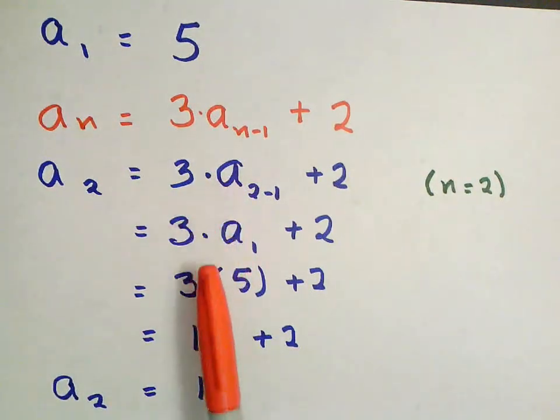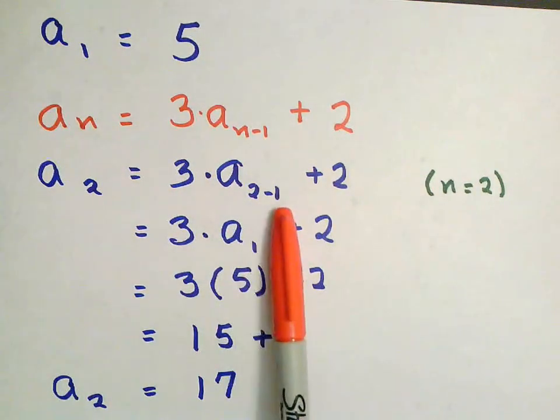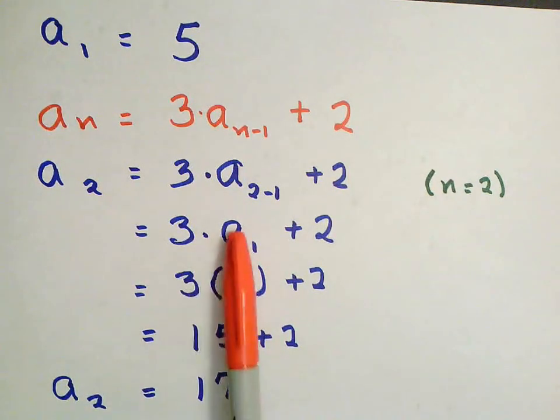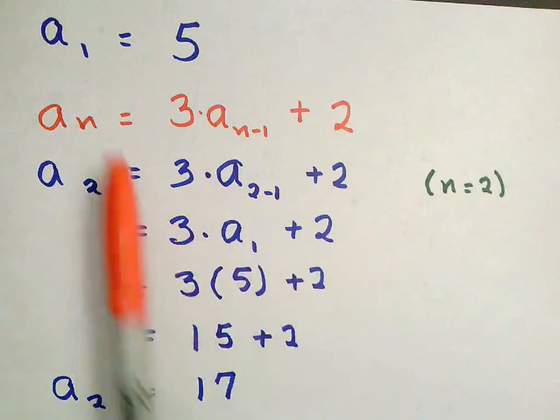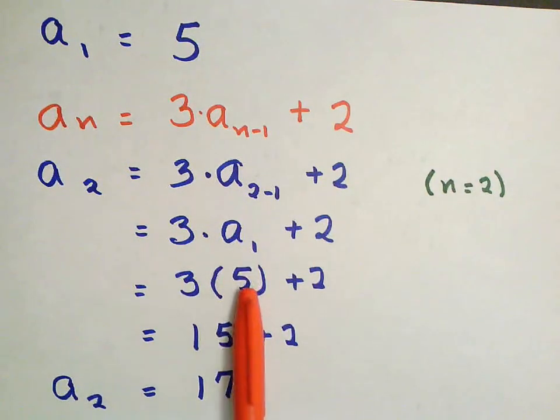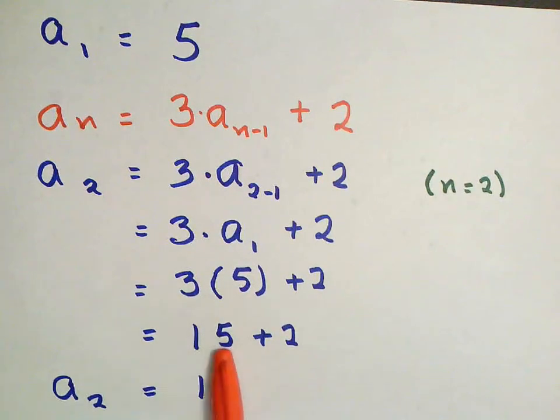So it's 3 times a sub 2 minus 1 plus 2. Well, 2 minus 1 is 1. So it's 3 times a sub 1 plus 2. But we know that a sub 1 is 5, so we substitute 5 for a sub 1. 3 times 5 is 15, plus 2 gives us 17. So the second term, the a sub 2 term of this sequence, is 17.